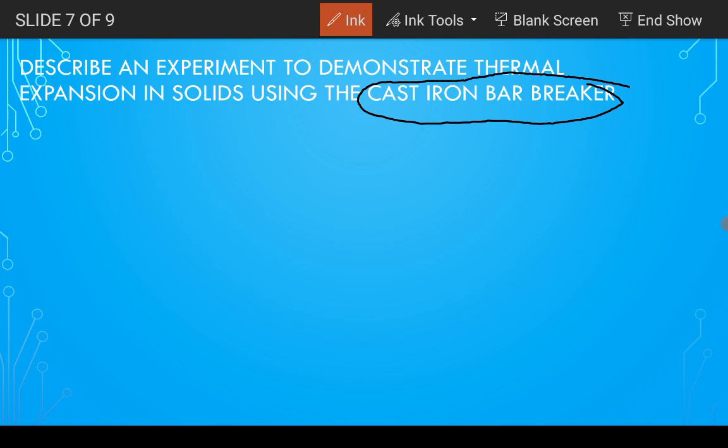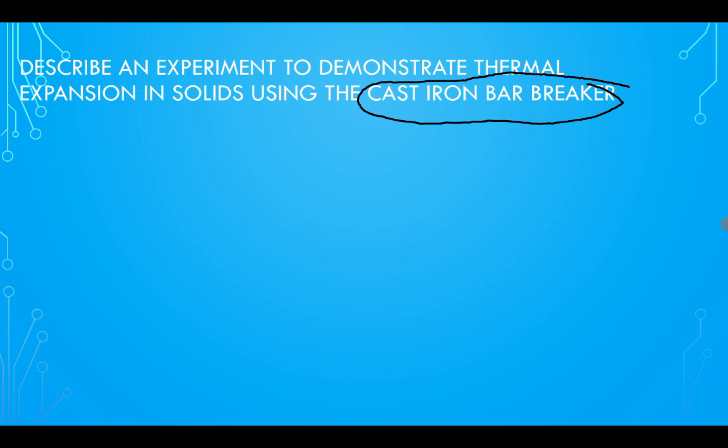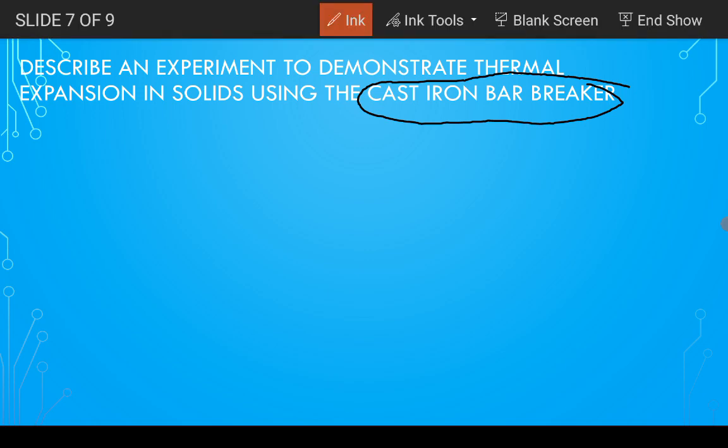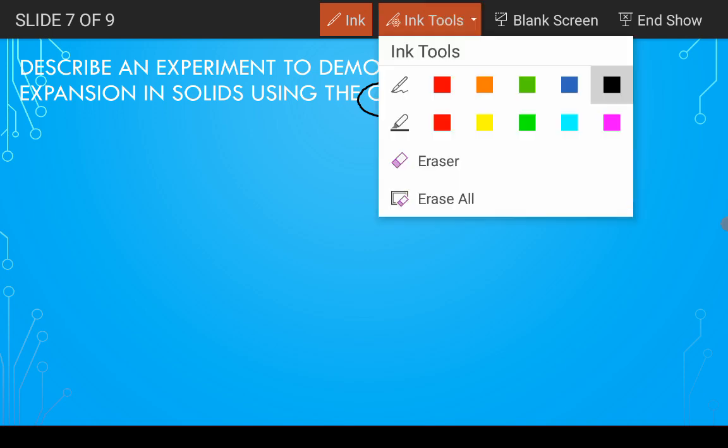Where the question simply says, describe an experiment to demonstrate thermal expansion in solids using a cast iron bar breaker. So here we have specified what you need to use.